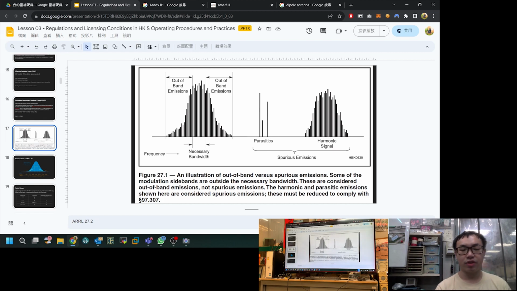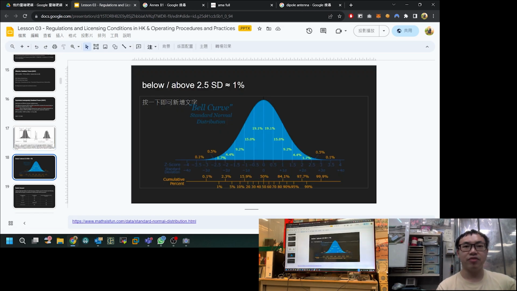So if sometimes your signal is not very accurate, you may interfere with others. And that kind of out-of-band emission, on both sides, should be less than 1% of your total emission power, which is 2.5 SD.